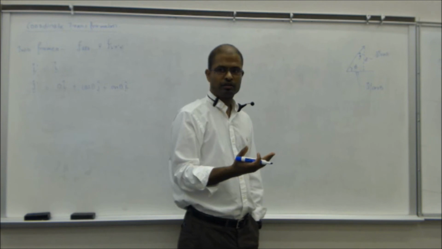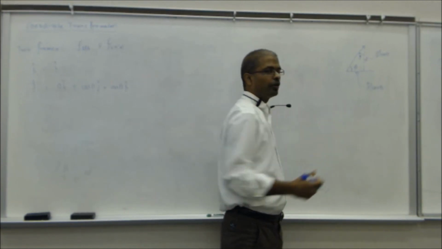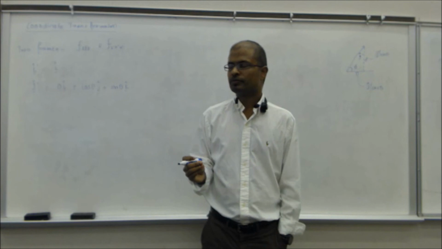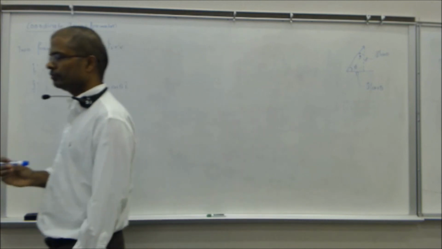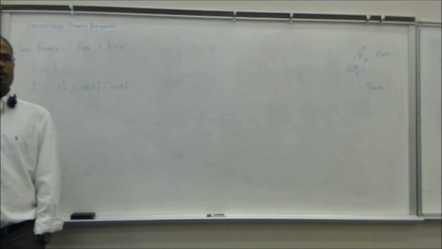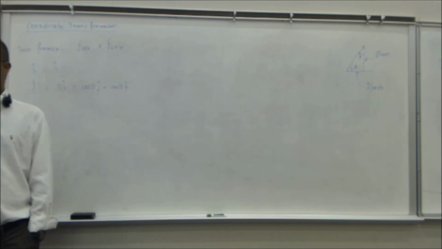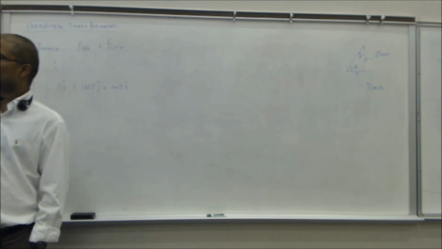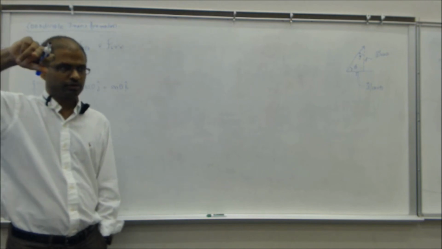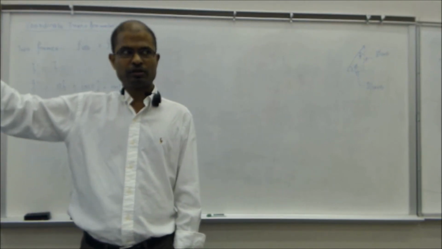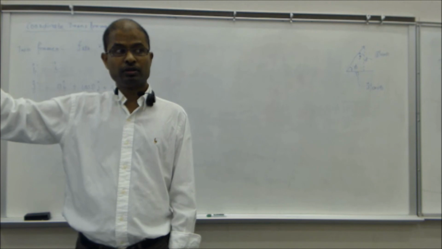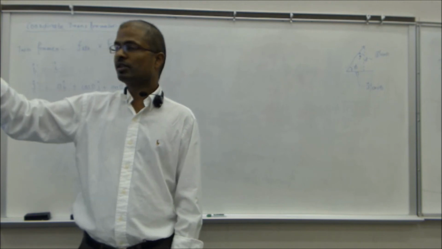You agree with that? What is the magnitude of j prime? If you look at j, you see the hat symbol over there. What does that mean? The hat symbol doesn't say it's a vector.